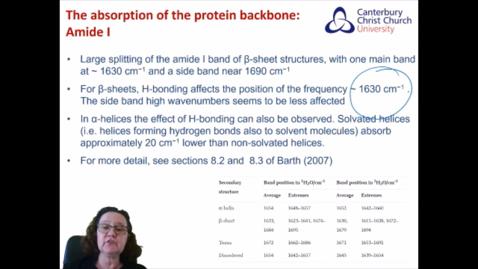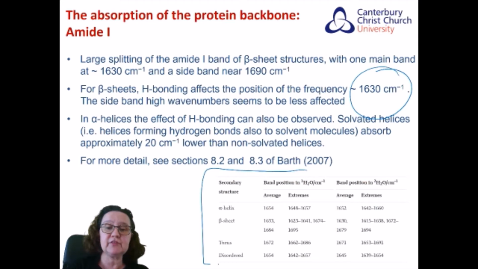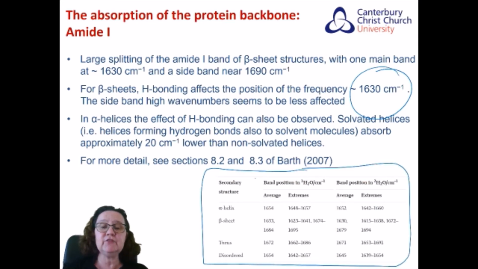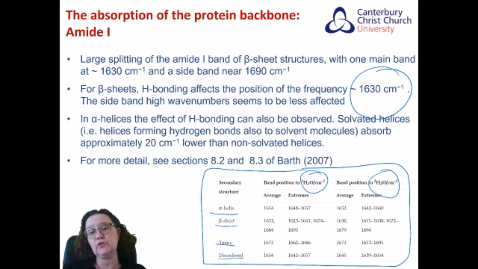So here, for example, this is a table again from Barth 2007, and it gives you an idea of where, depending on the secondary structure of the protein, these bands appear in water, and bands in deuterated water, if you do the experiment in deuterated water. So typically where they appear, and roughly the range that they move.